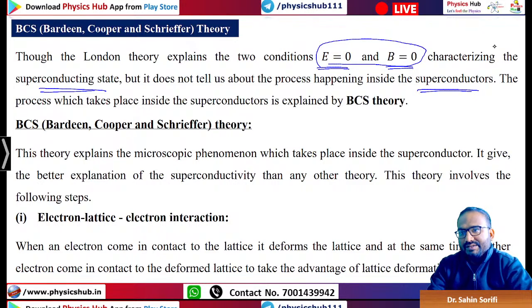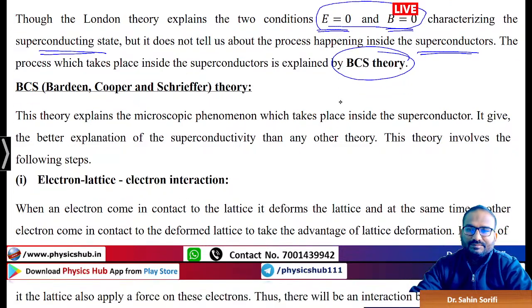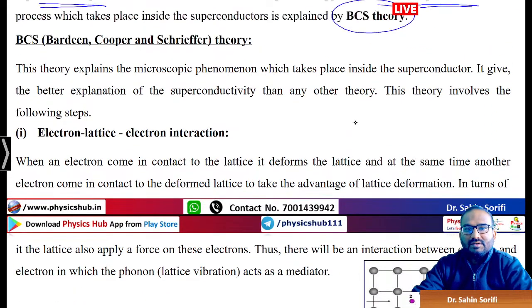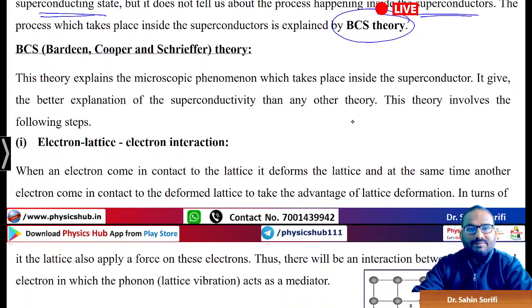The process which takes place inside the superconductor is explained by BCS theory. There are four processes happening inside the superconductor, which give a good picture of the superconductivity phenomena.